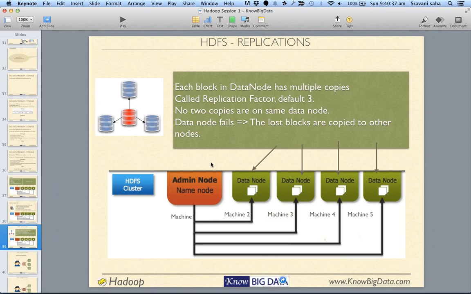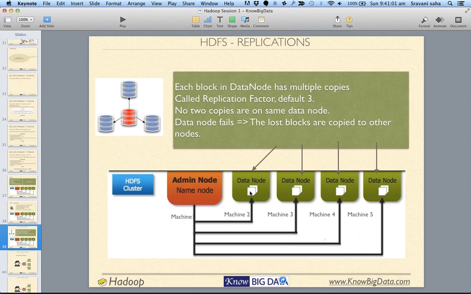All right, so basically the replication factor makes it possible to have fault tolerance in place, as well as, in case a read request is coming for a block, the read request can go to 3 servers for each block.